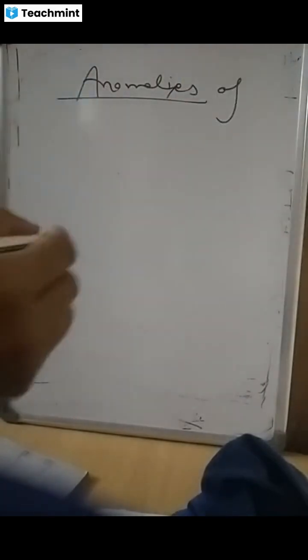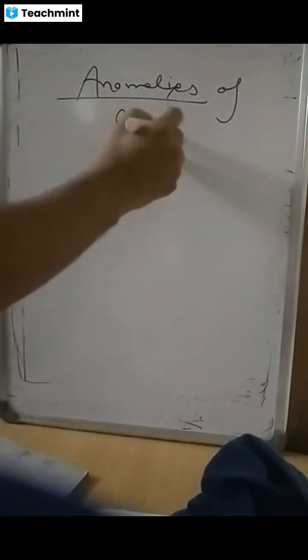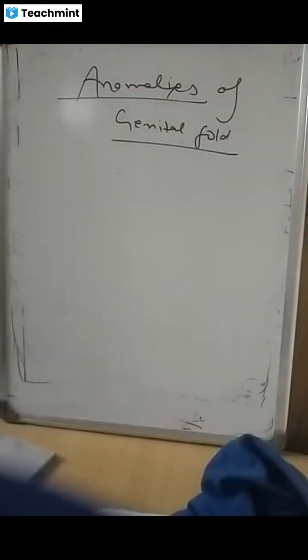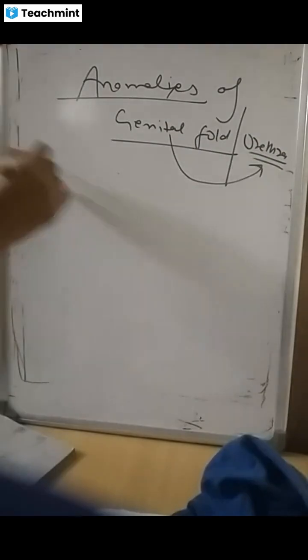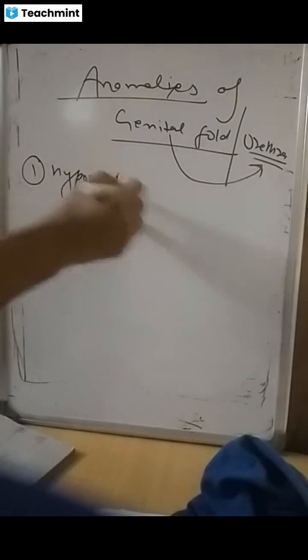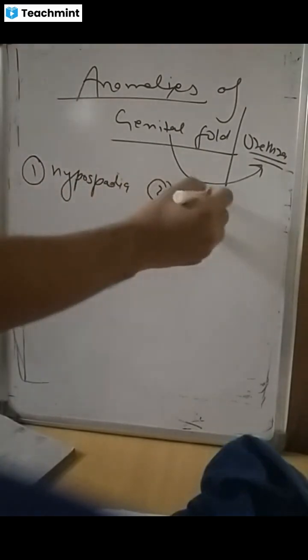Now anomalies of genital fold, or you can say anomalies of the urethra, because genital fold will form the urethra. First anomaly is hypospadias, and second is epispadias.